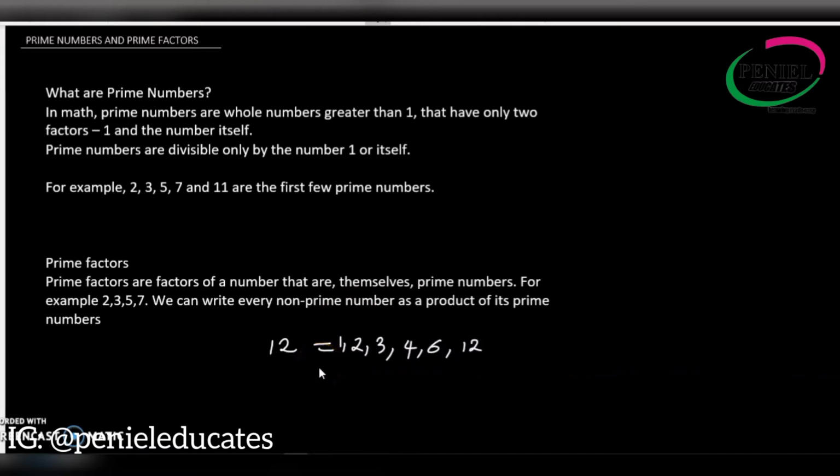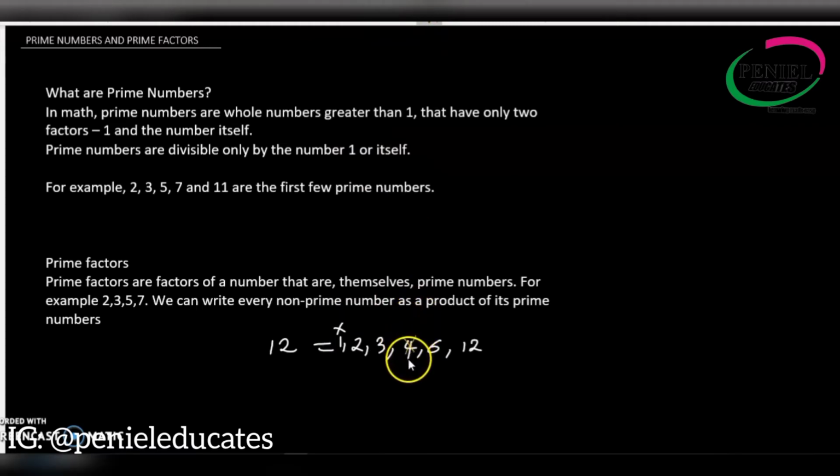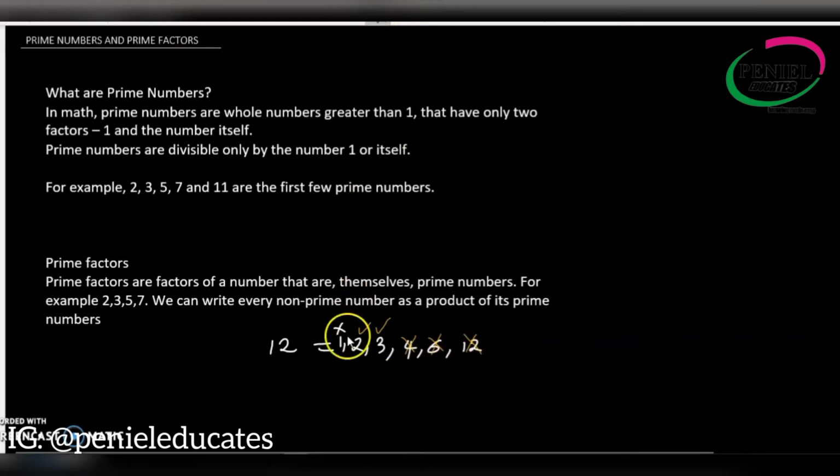If we're to express 12 as a product of its prime factors, you know that 1 cannot be a prime number. We know that 4 cannot be a prime number because 4 has multiple factors, but 2 is a prime number, 3 is a prime number, 6 cannot be a prime number, and 12 is not a prime number. So the only prime numbers we have here are 2 and 3.